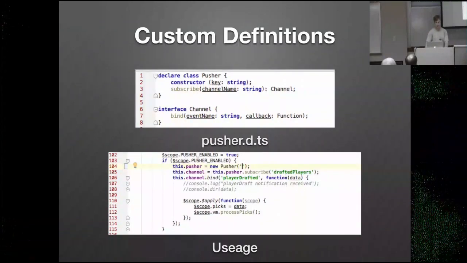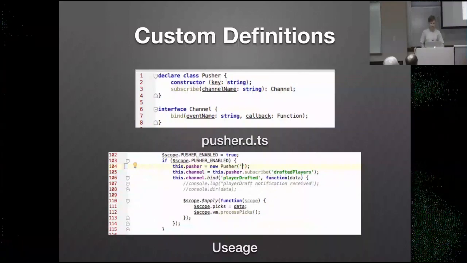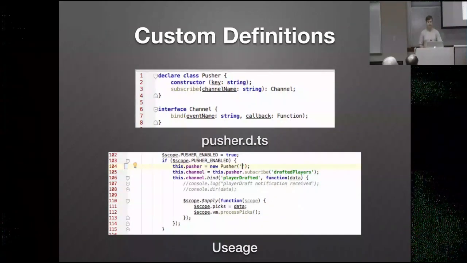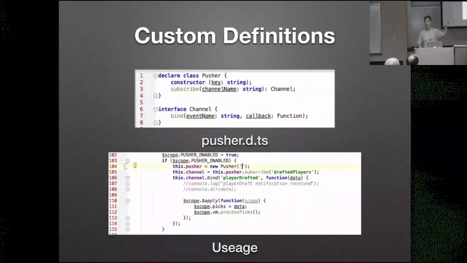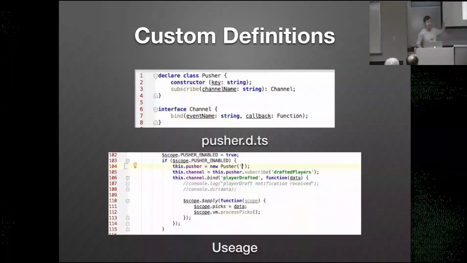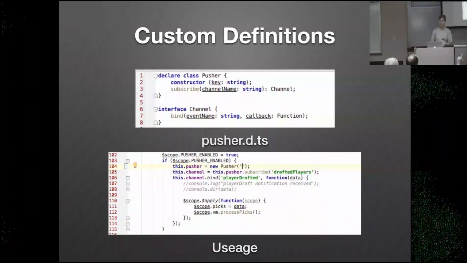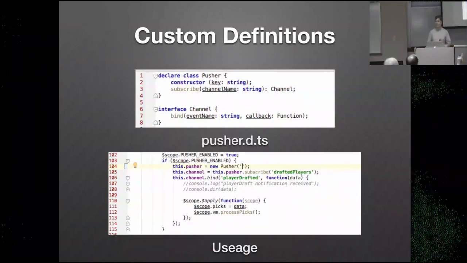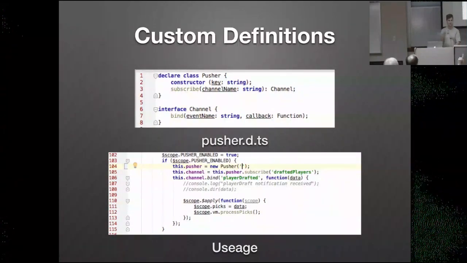So I was able to just say, hey, give me a new pusher instance, and I was able to call the subscribe method. And then in the channel, I was able to call the bind method. And so the TypeScript compiler then knew about my methods and my arguments, and it could tell me whether or not I did things correctly, at least as far as it knew from the definition. So this is pretty easy to write. Took me, I don't know, half hour to figure out. Most of that was figuring out what are the pusher methods I'm going to need.